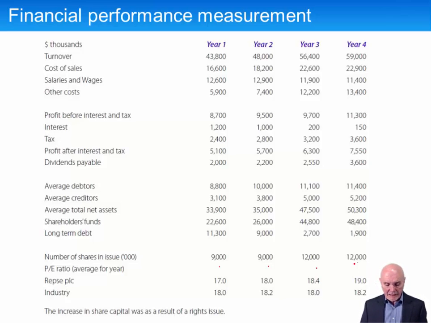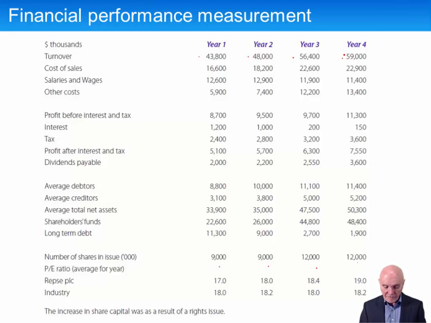So what should we look at? Well, let's look first of all at turnover. Turnover has increased very substantially there. A very large increase in turnover seems really quite good. We could work out the percentage increase in turnover. Of course, this itself doesn't mean anything. We have to look at other things as well.